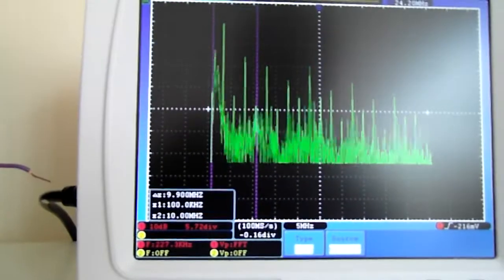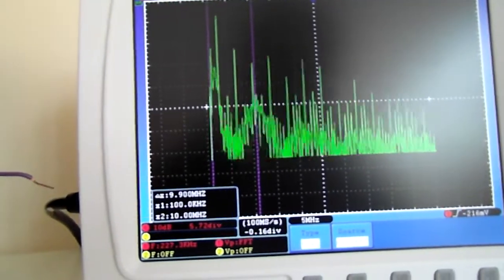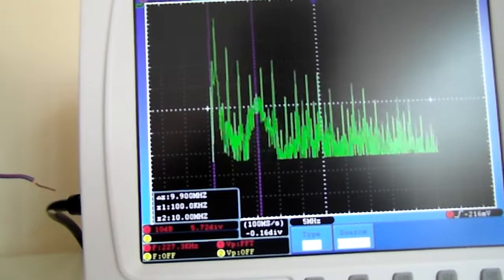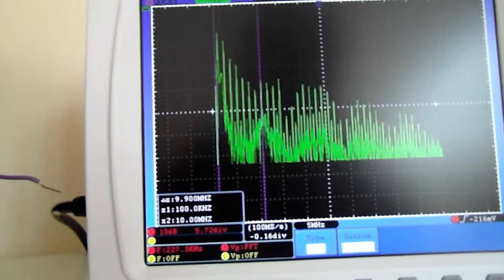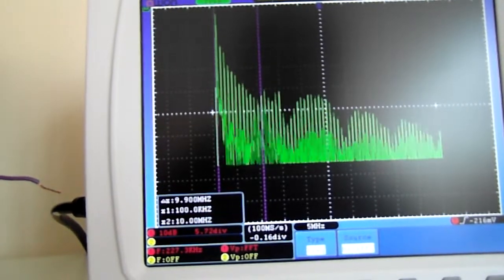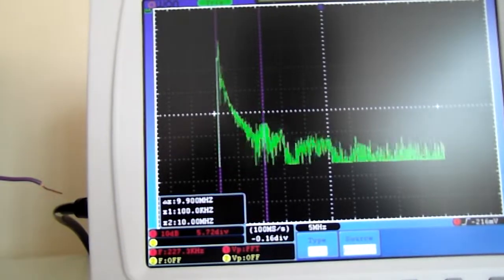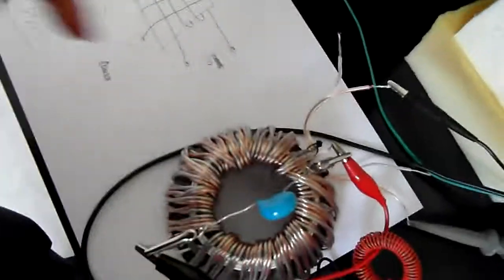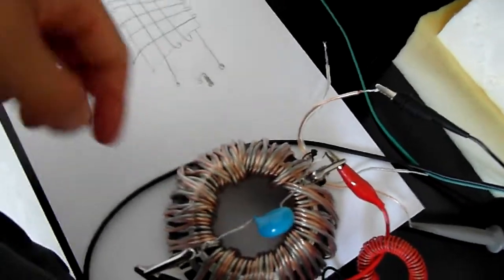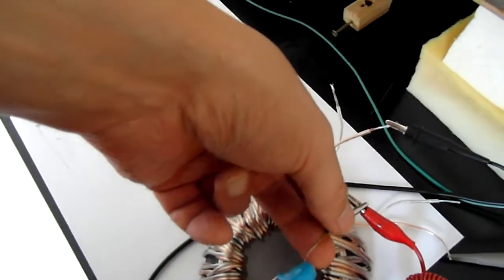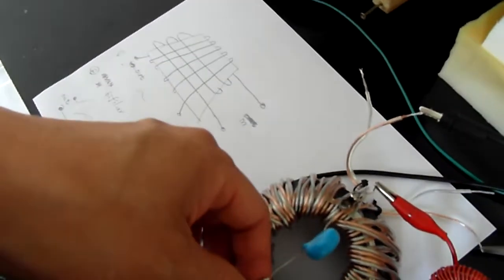It's always there, around 10 megahertz. It's interesting. Now I'm going to, again, zero input. I think it's noise generation with the capacitor.